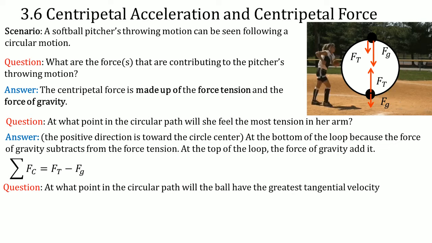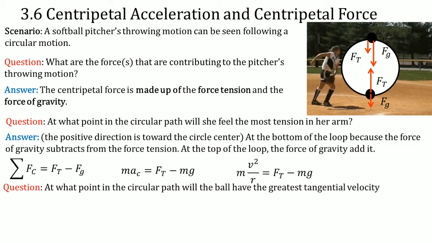Here's the equation. The summation, which makes up the centripetal force, is force of tension minus force of gravity, which is at the bottom. Substitute the values in. Then you have to substitute centripetal acceleration as v squared over r.